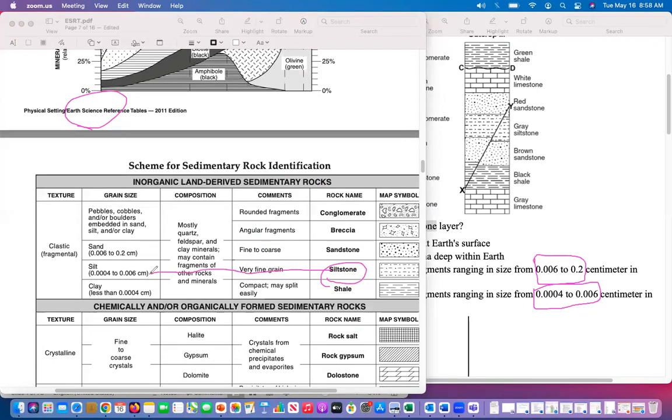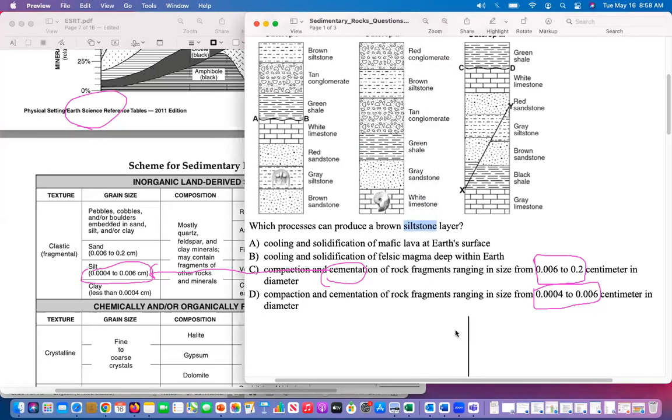It says right here, 0.0004 to 0.006. When I look at my options, I have to choose the one that matches. When I see what matches siltstone, it matches directly with this number right here. So the correct answer is choice D.